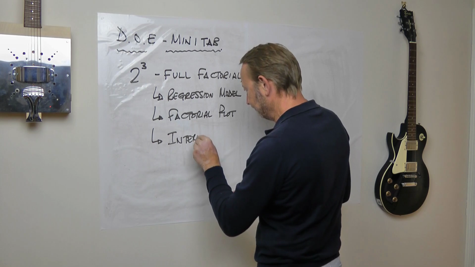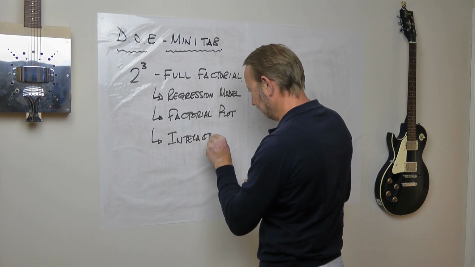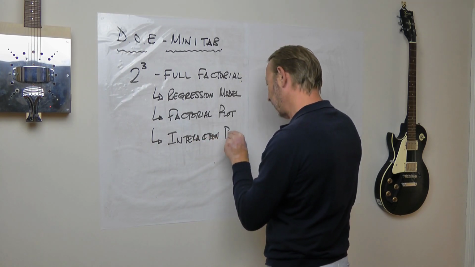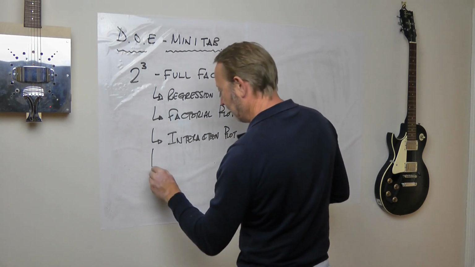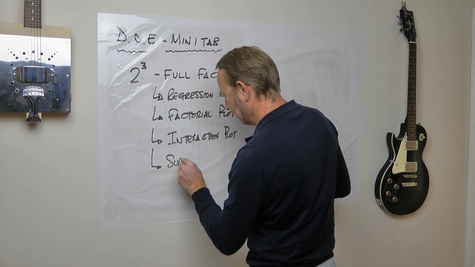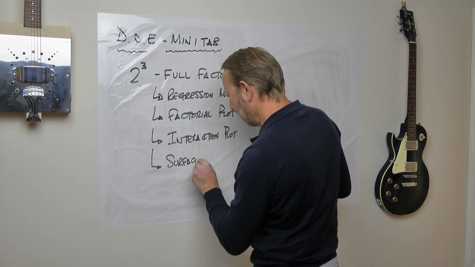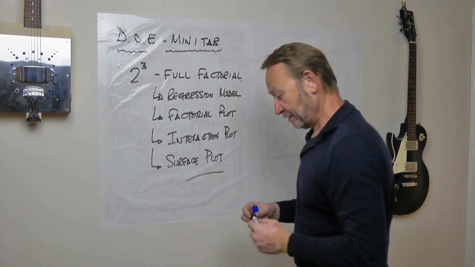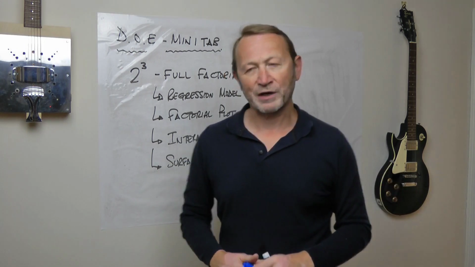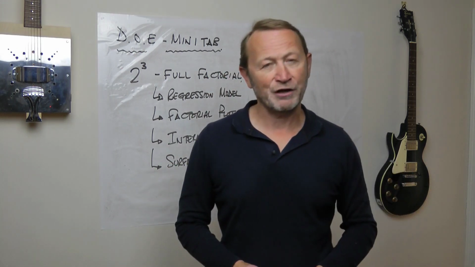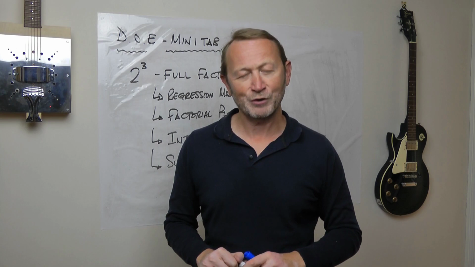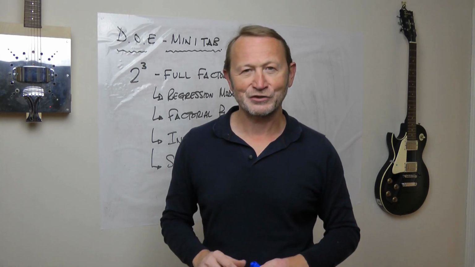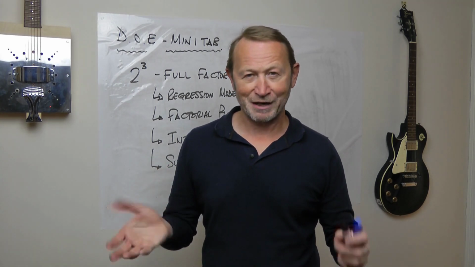Interaction plot. And a surface plot. Okay, so simple software tutorial covering off those DOE points. Let's get into this example right now.